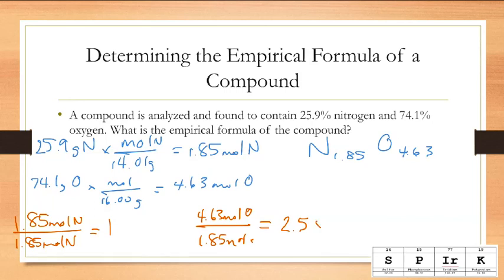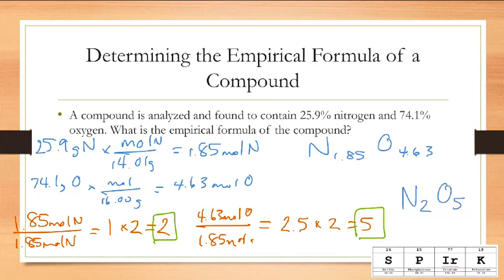So to fix this, we're going to multiply both of these by 2, which leaves us with a 2 and a 5. So this 2 and 5 is now our molar ratio. So our answer here is N2O5.